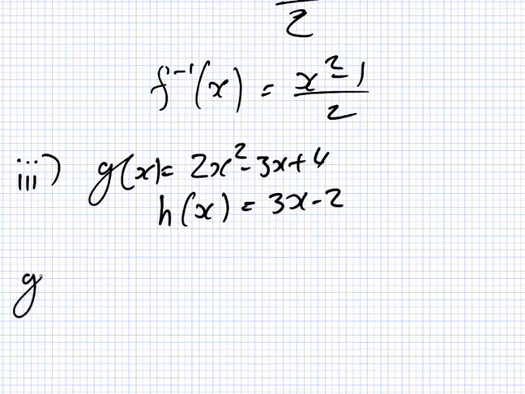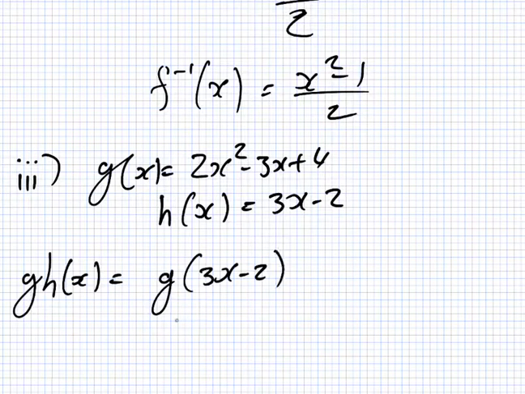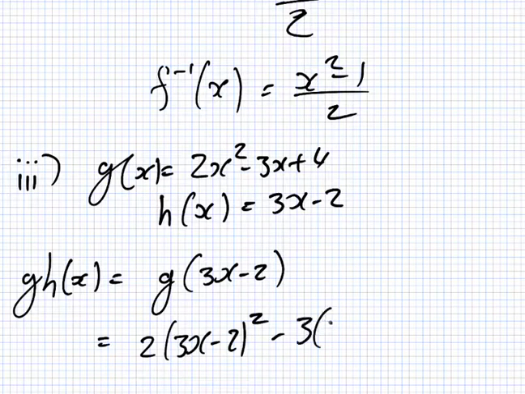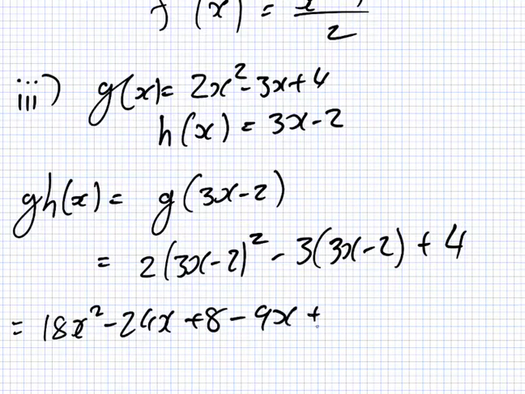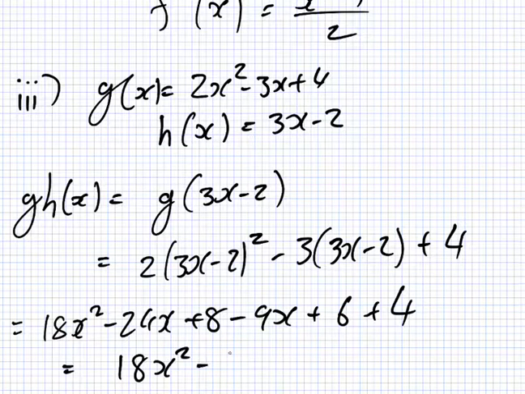So gh(x) is g of 3x minus 2, which is 2 times (3x minus 2) squared minus 3 times (3x minus 2) plus 4, which would be 18x squared minus 24x plus 8 minus 9x plus 6 plus 4, which is 18x squared minus 33x plus 18.